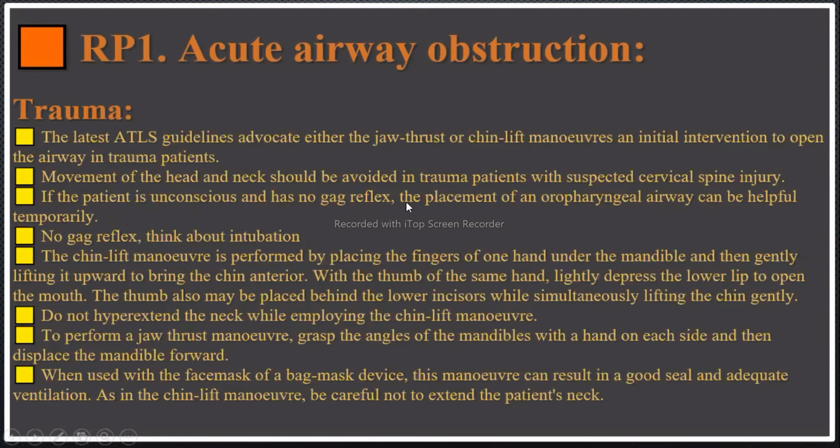So any patient you put an oropharyngeal airway in, it means he needs intubation. Okay, no gag reflex, think about intubation. Chin lift maneuver is performed by placing one hand under the mandible and then gently lifting it upward to bring the chin anterior.